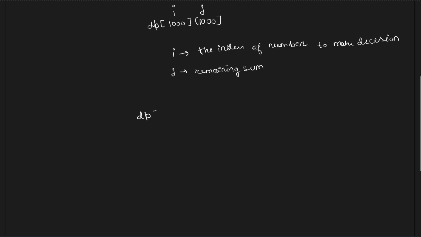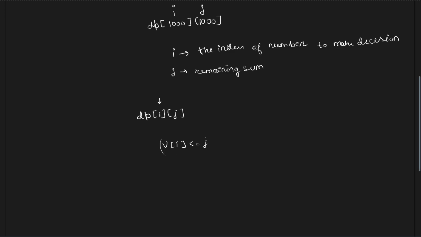Let's say you are at a DP of i j. If you decide to take the current element at index I, you can only take it when v of I is less than or equal to j, because otherwise, if v of I is greater than j and you take it, j will become less than 0, and that is not possible.